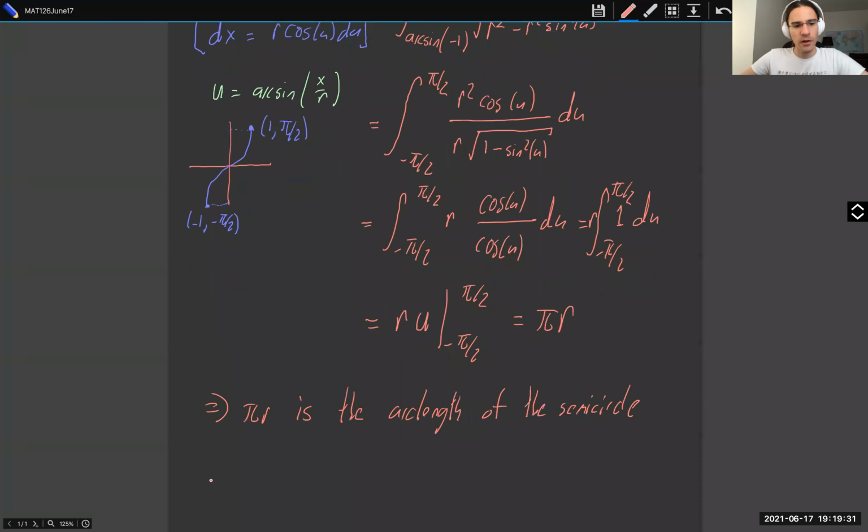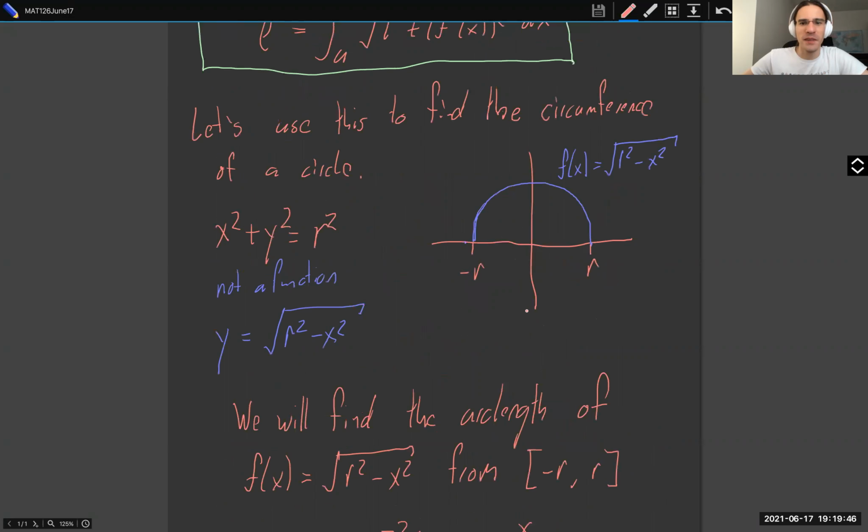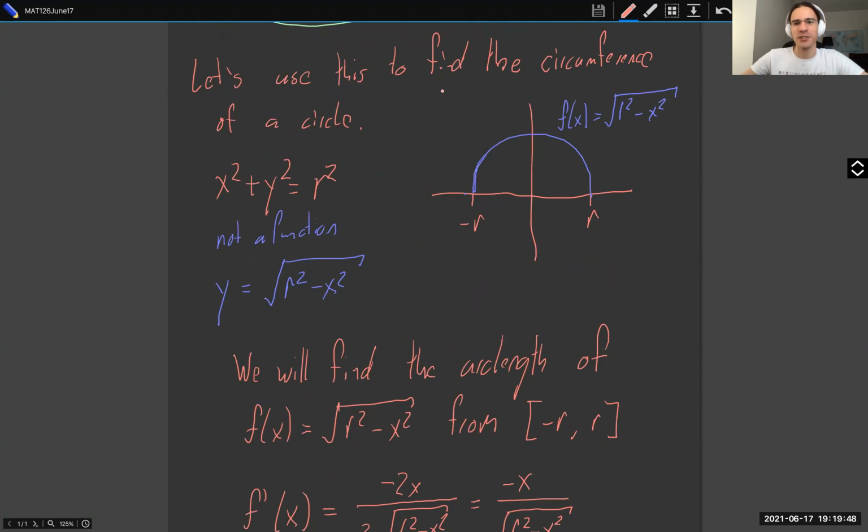So circumference is equal to 2 pi r. If we remember what we were doing, we started off with here. We wanted to find the circumference of a circle. So we wrote half of the circle as a function, square root r squared minus x squared. The bottom half would be minus square root r squared minus x squared.